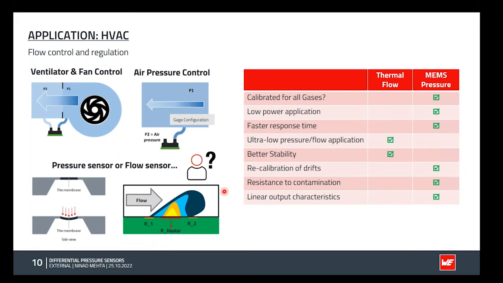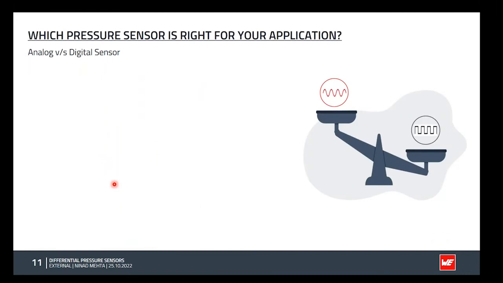So whenever the sensor gets clogged, you do not get a correct flow or pressure output, which is not the case in the MEMS based pressure sensors, because whenever there is some contamination, there will be a delayed frequency response, or you might have some offset due to the contamination, which you can get rid of with the help of the host controller, or write some code so that you get rid of this offset.